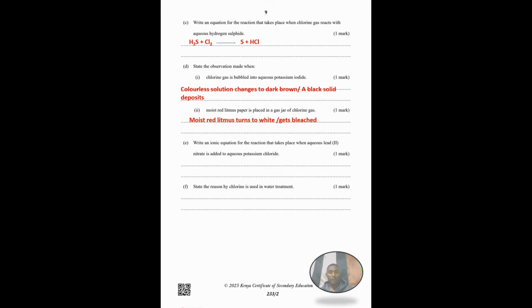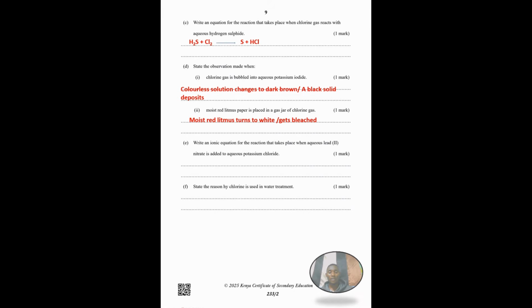So we have part E of this question. Write an ionic equation for the reaction that takes place when aqueous lead(II) nitrate is added to aqueous potassium chloride. So we need to have the knowledge of the solubility of different types of salts.